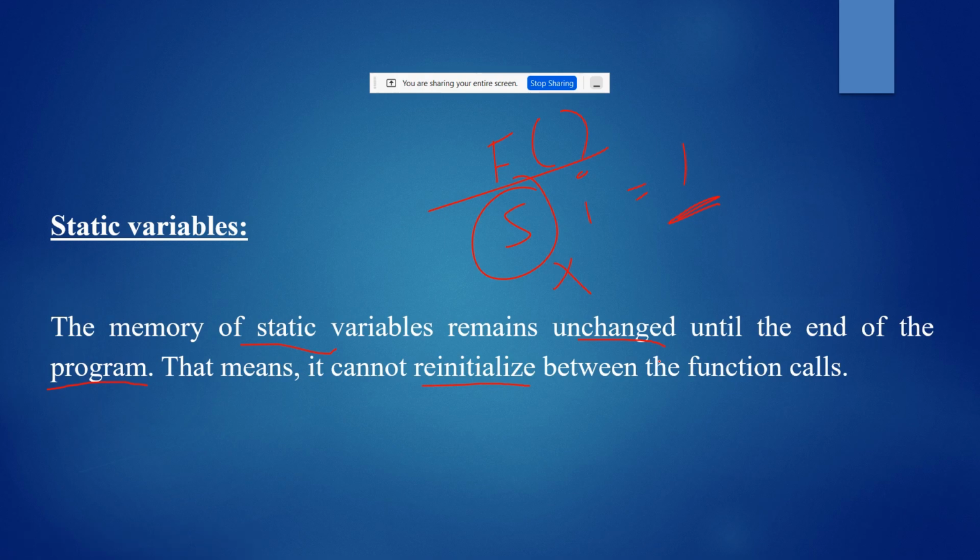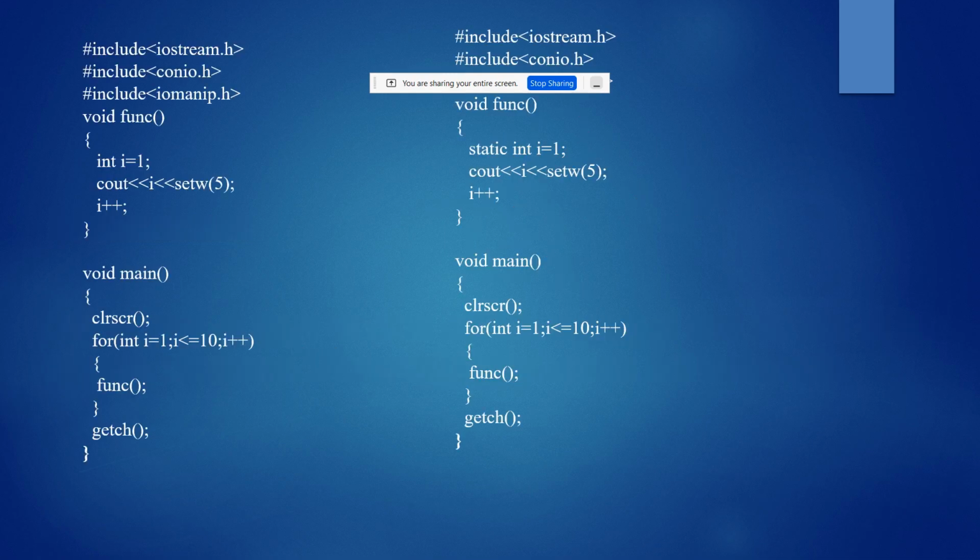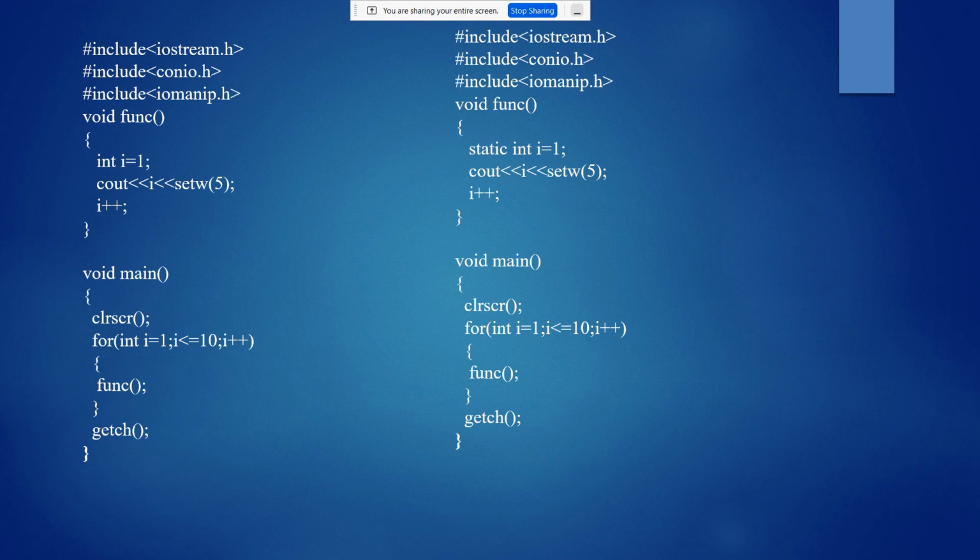Let's see the example. These are the two programs which explain static and without static. This is the program without static, and this is the program with static. The only difference is the variable we declared here without static, and the variable we declared here with static.